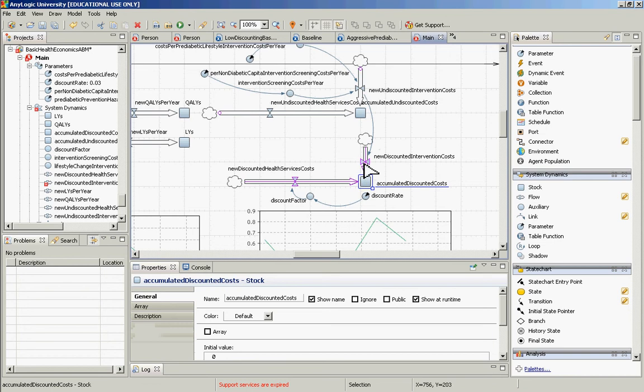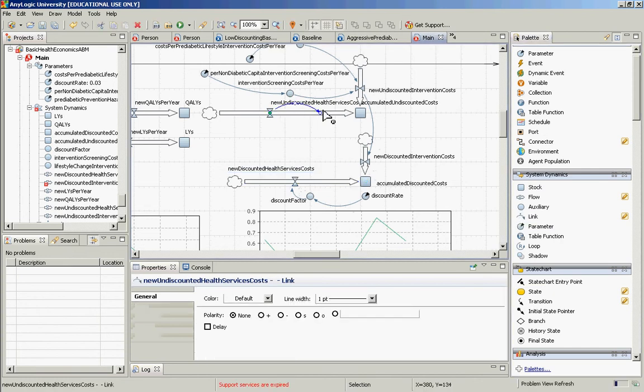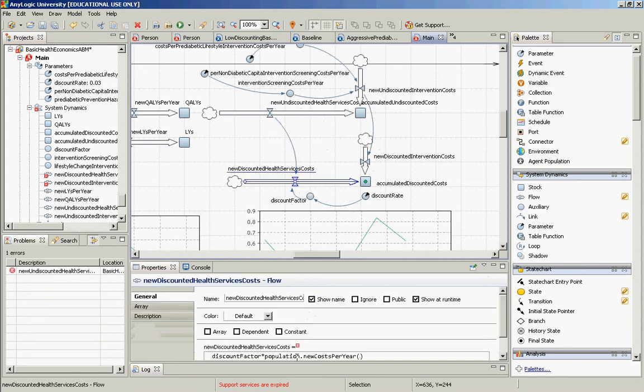Okay, so we have now got a situation where our costs here, in a discounted fashion, are simply comparable costs up there. And I think just to sort of complete the symmetry here, I'm going to make this guy depend on this new undiscounted one, this flow, to make it clear.